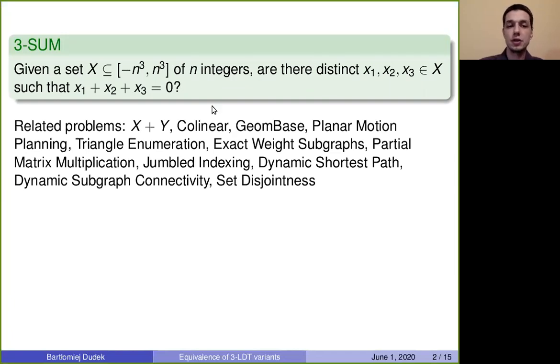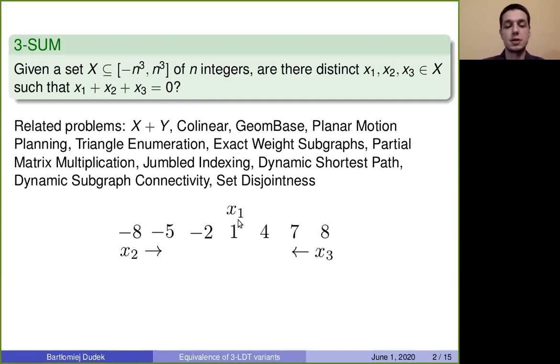Clearly there is a cubic time algorithm solving free-sum, because we can iterate over all triples of elements from X and check if they satisfy this equation, but we can do it slightly smarter in n squared time. First we sort the set X, and then we iterate over all elements x1.